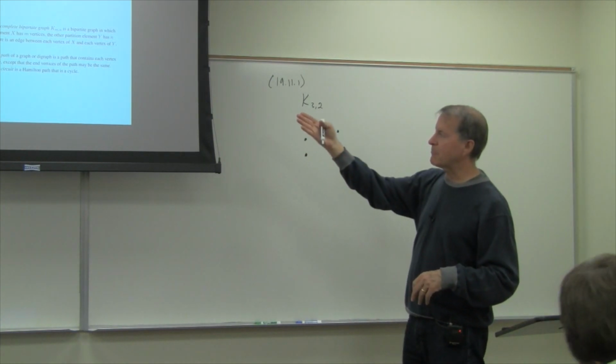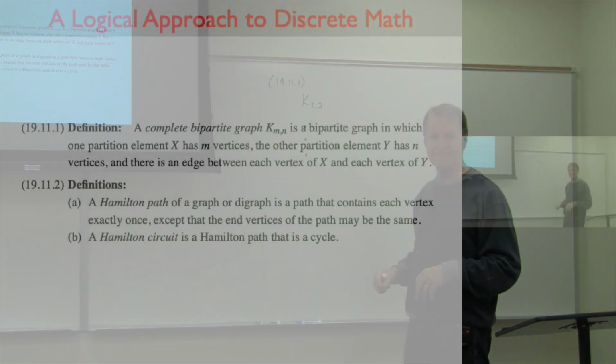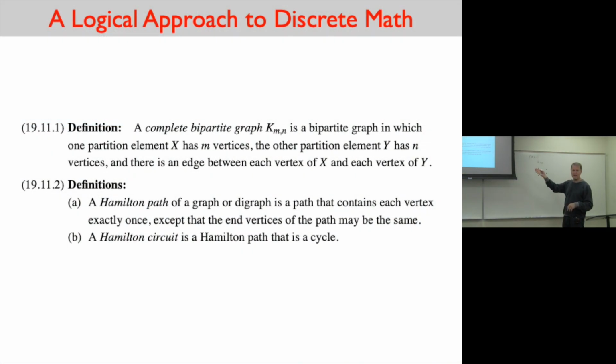And the thing that makes it complete is what? What makes it complete? The top left one has to go to the other two. Yes, there has to be a maximum number of edges, right? For a complete bipartite graph.